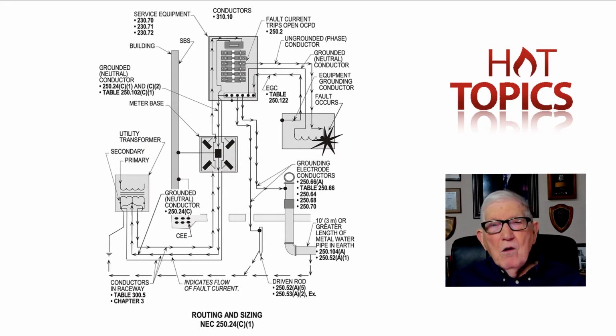But we know from our experience when we review, say, Soares' grounding book, or the IEEE Green Book, that the equipment ground will pull about 10% of the ground fault, but the metal conduit will pull about 90% of that fault.